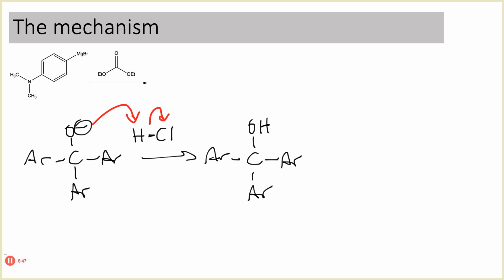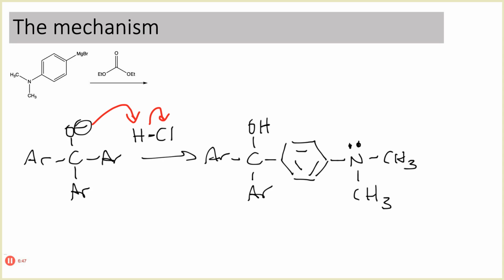And now I will show you the full aromatic ring because that's the important next step here. Our amino group then, under acidic conditions, we can protonate this again. And I'm just going to skip this step.